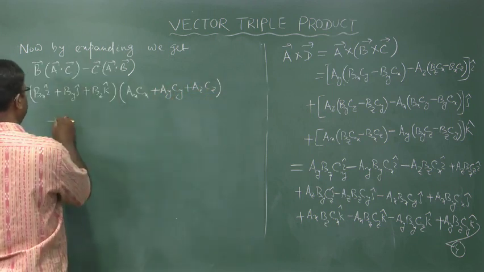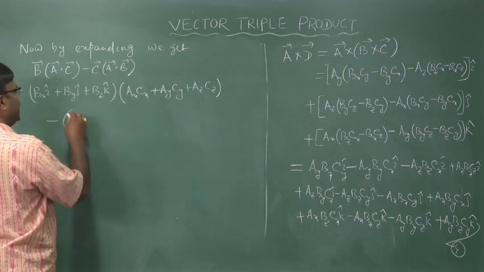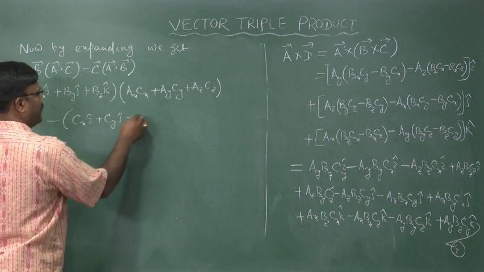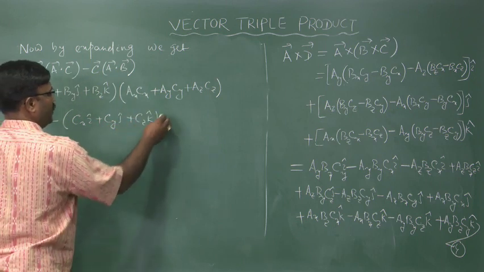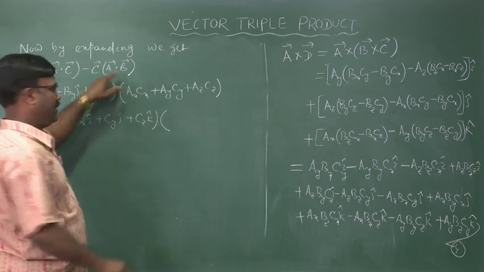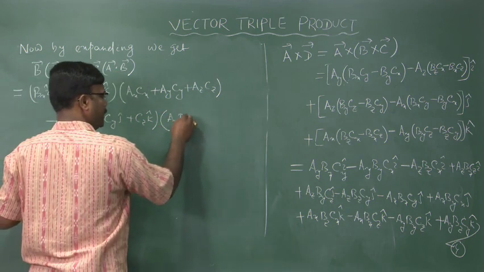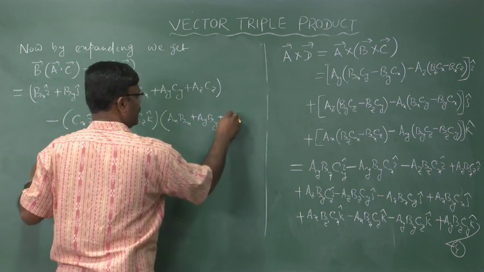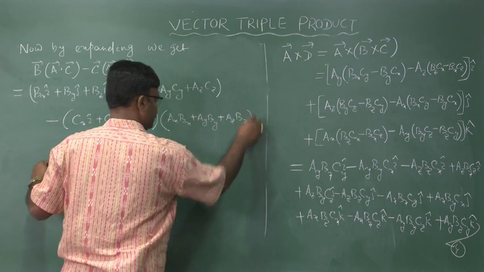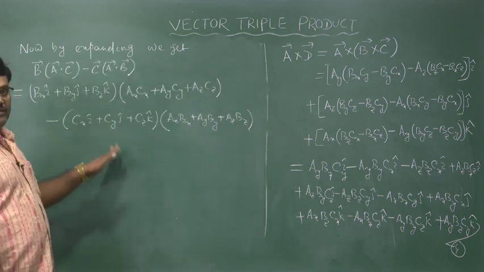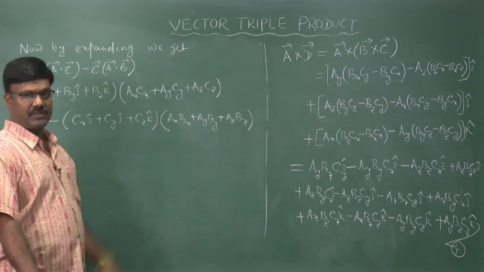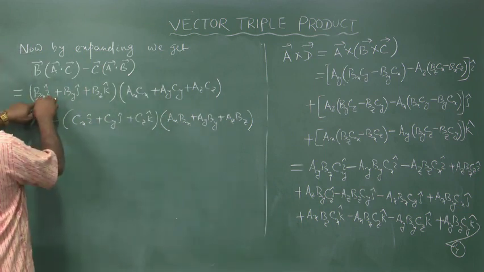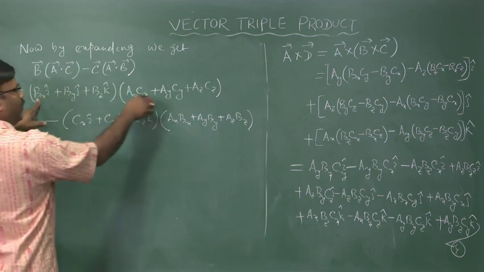minus C vector, it can be written as Cx I cap plus Cy j cap plus Cz k cap multiplied with A dot B, which is Ax Bx plus Ay By plus Az Bz. Now let us expand these terms and we get this is equal to, now let us multiply this Bx I cap with all these terms.